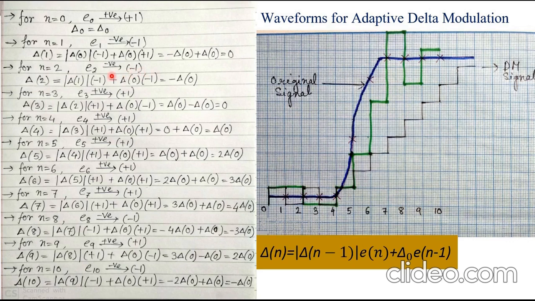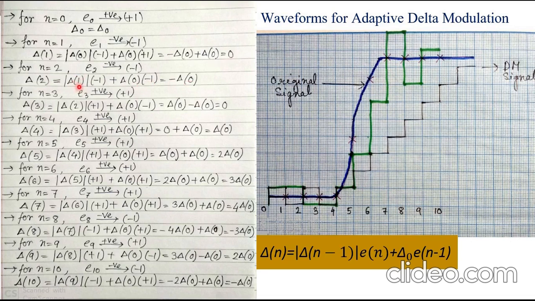Now see delta 2. So delta 2 is the mod of delta 1 into current error, which is now -1, plus delta 0 into previous error which is also -1. So delta 1 is 0. Okay.